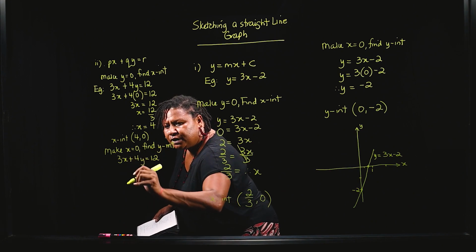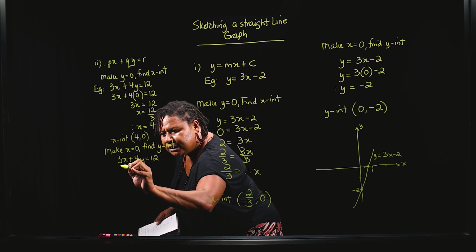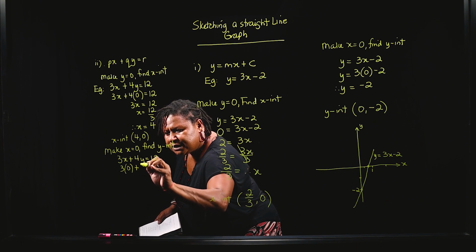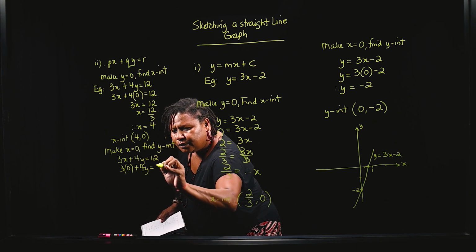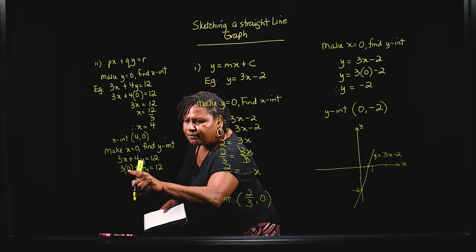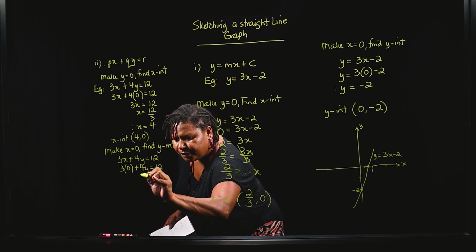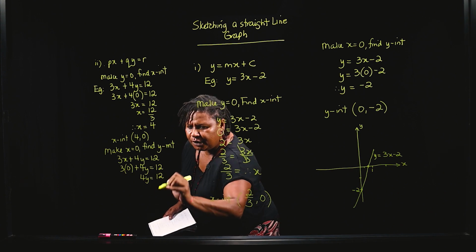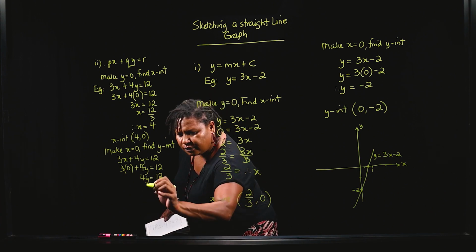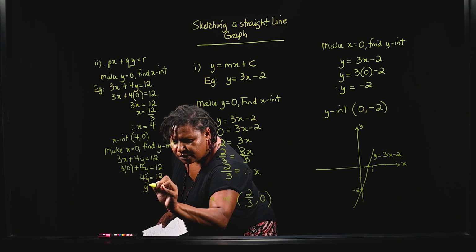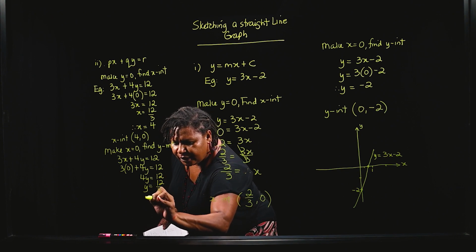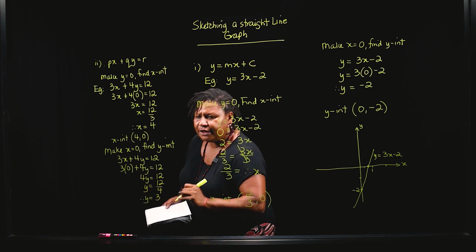Okay, substitute 0 for x. So 3 times 0 plus 4y equal to 12. This value is now 0, so we are left with 4y equal to 12. We divide both sides by 4. So y is equal to 12 divided by 4. y is therefore equal to 3.